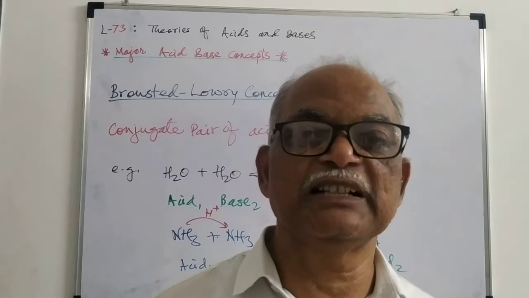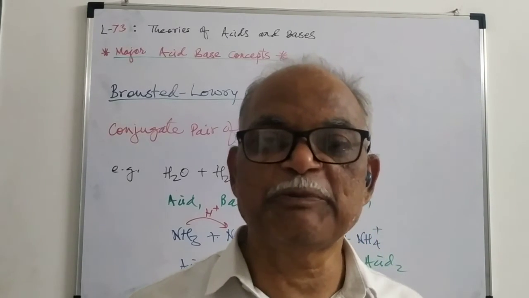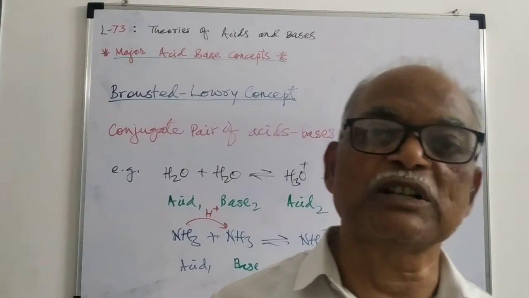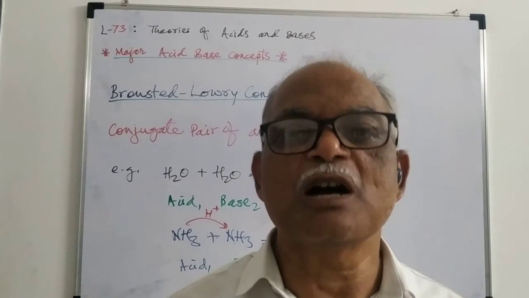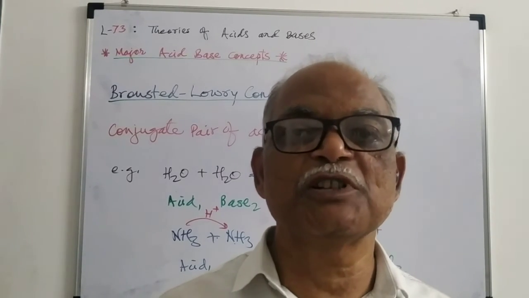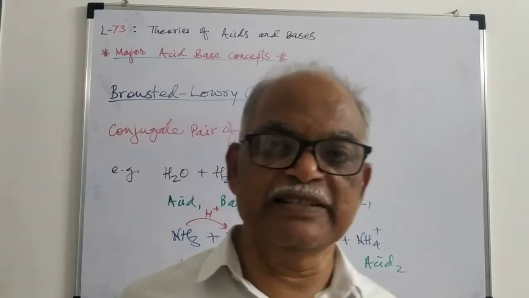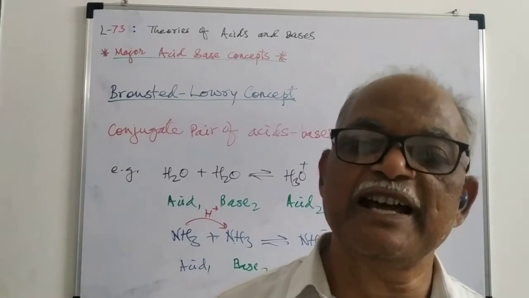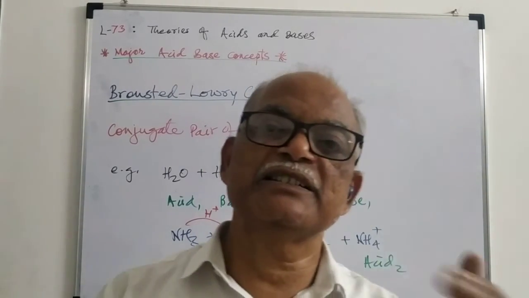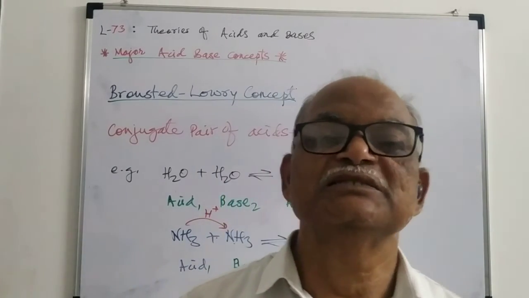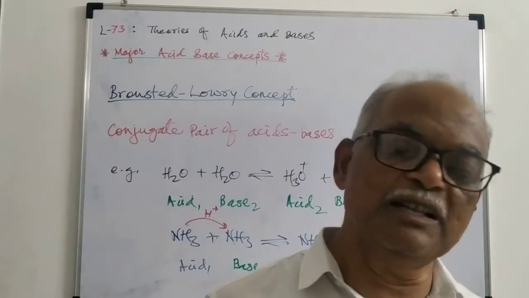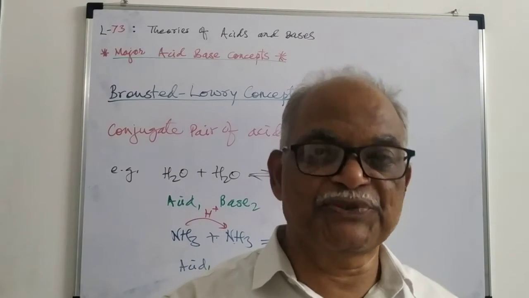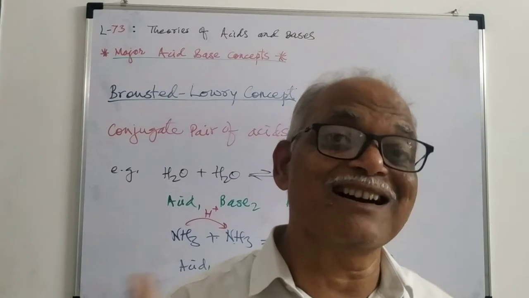For example, HCl is already a stronger acid in water. But when we add this HCl to ammonia, that is NH3, it becomes a still stronger acid. It means that when we change the solvent, the strength of the acid or base is either increased or decreased depending upon the nature of the solvent. If a stronger acid is placed in a stronger base, then the strength of the acid is enhanced.